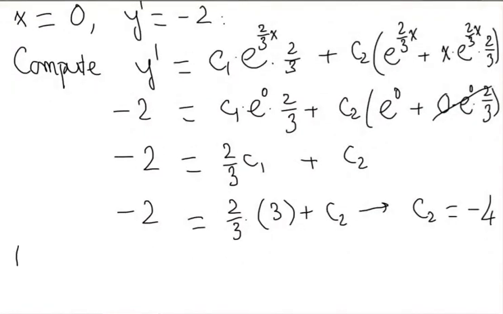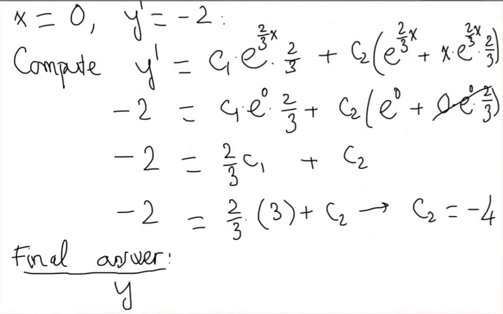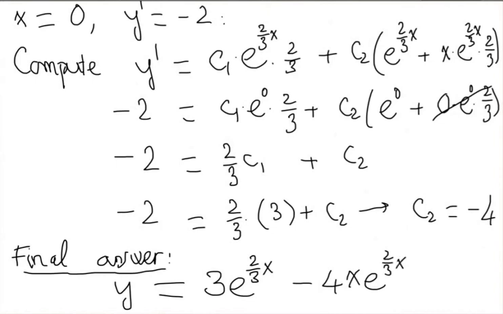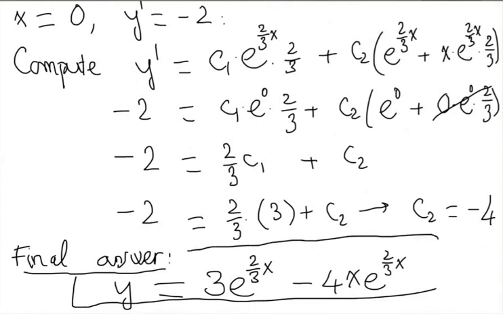Knowing c1 and c2, we have the final answer here as our solution to the initial value problem. y equal to c1, which is 3, e to the 2/3 of x, plus c2, which is negative 4, x e to the 2/3 x. This is the end of this video lecture.